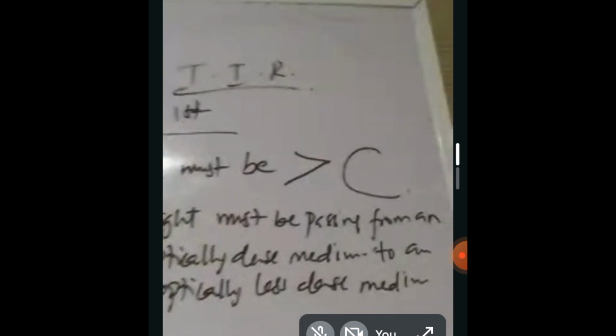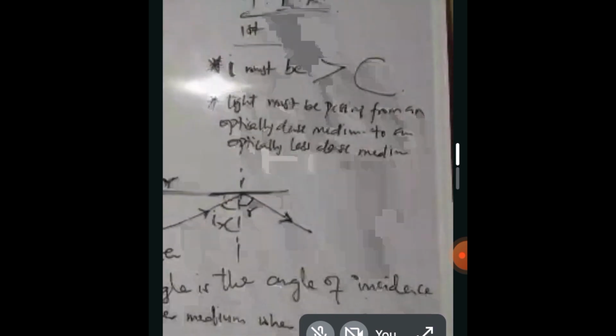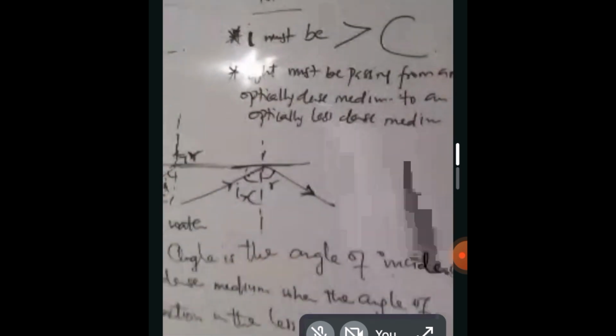You know the light started from the water. That's why I said I already have the answer to your question. These are the two conditions for total internal reflection. Number one, the angle of incidence must be greater than the critical angle. Number two, the light must be passing from an optically dense medium to an optically less dense medium. So, any question from anybody?